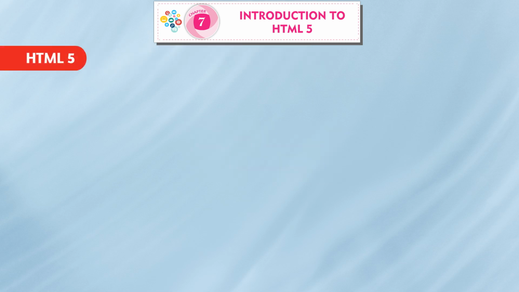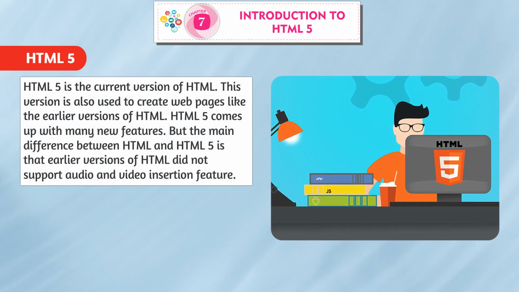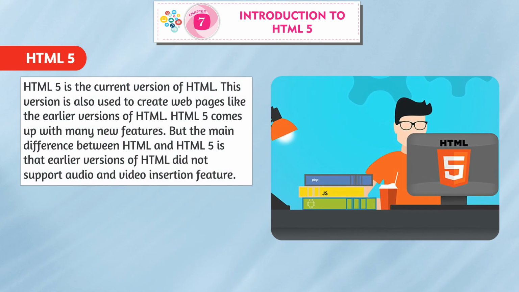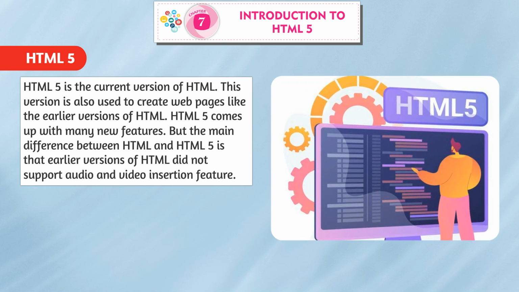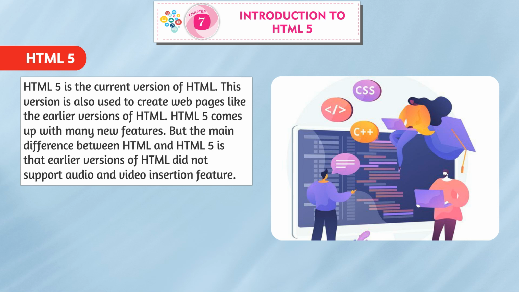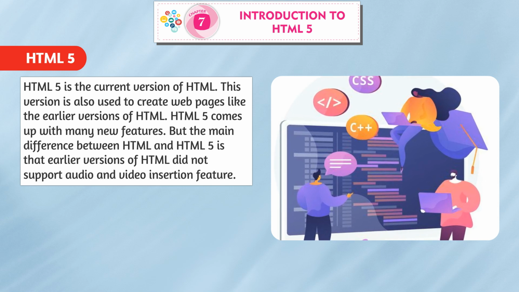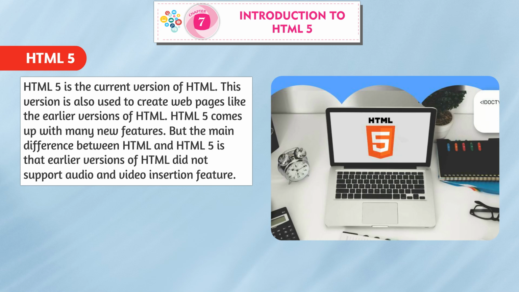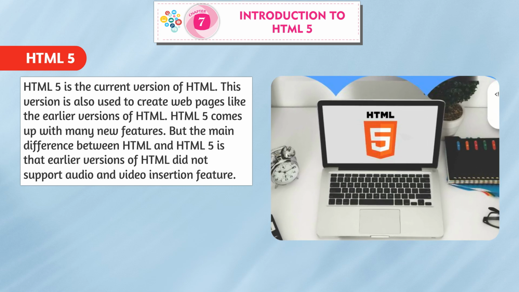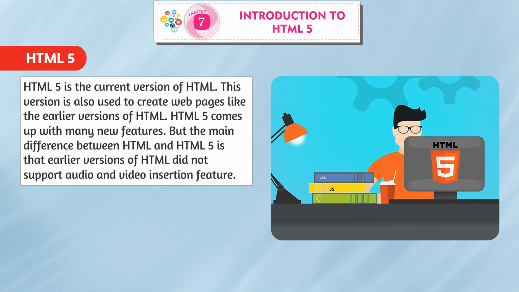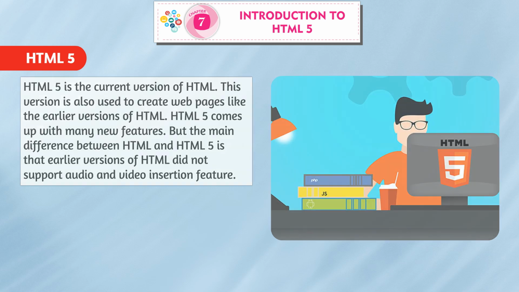WHATWG HTML5. HTML5 is the current version of HTML. This version is also used to create web pages like the earlier versions of HTML. HTML5 comes up with many new features, but the main difference between HTML and HTML5 is that earlier versions of HTML did not support audio and video insertion feature.